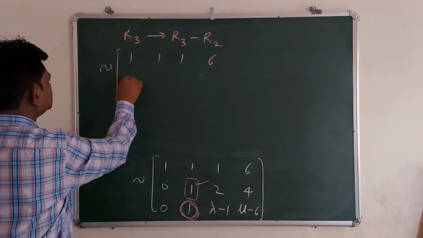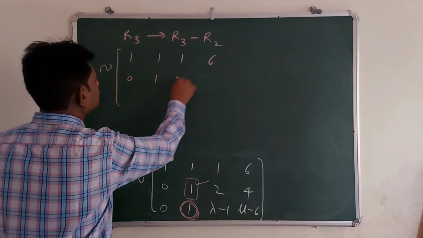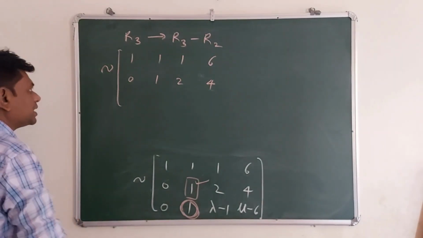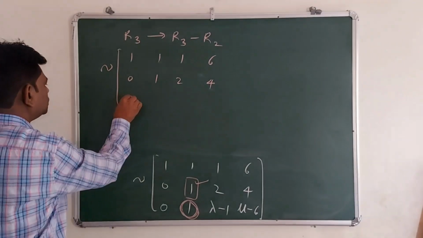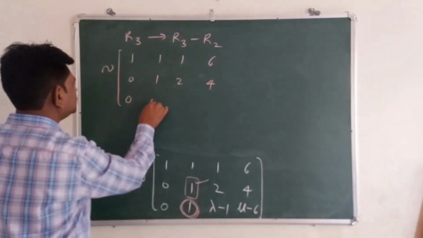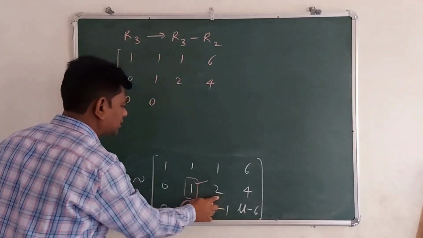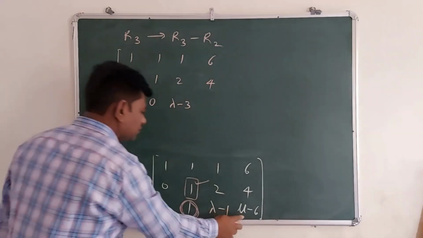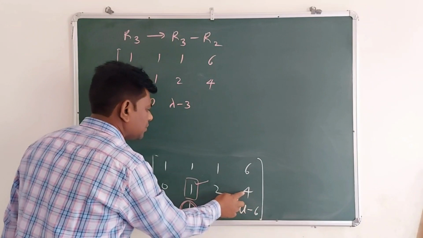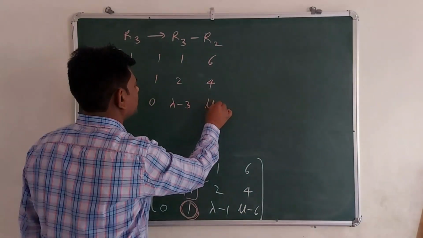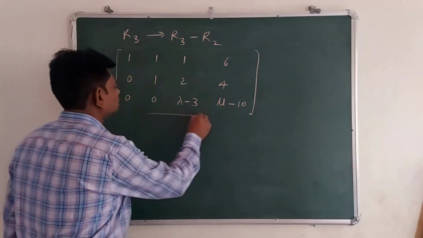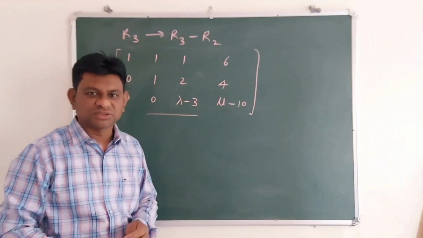The second row is as it is, 0, 1, 2, 4. Now R3 changes to R3 minus R2: 0 minus 0 is 0, 1 minus 1 is 0, lambda minus 1 minus 2 is lambda minus 3, and mu minus 6 minus 4 is mu minus 10. Now this is the echelon form of the matrix C.